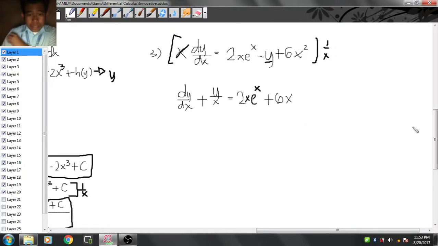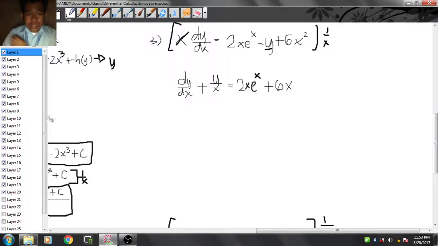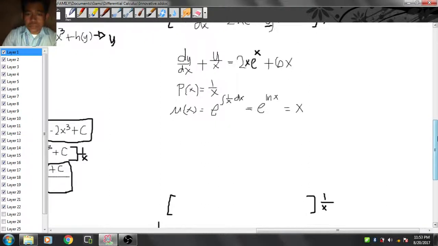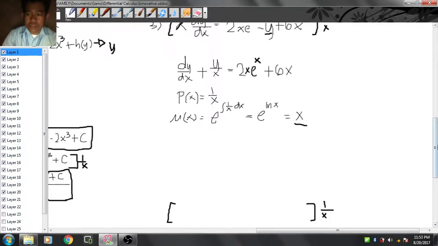After that, we identify our p of x, which is 1 over x. And also, we need to solve for the integrating factor, which is simply e to the integral of p of x with respect to x, and that will equal x. So our integrating factor is x.